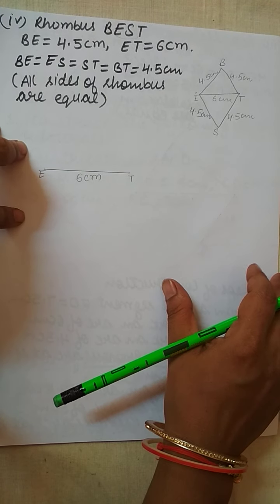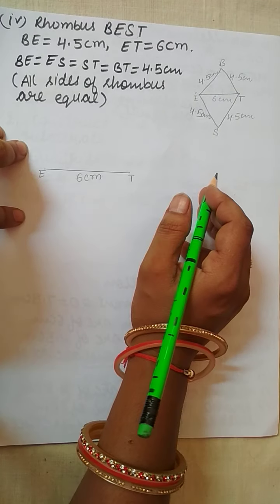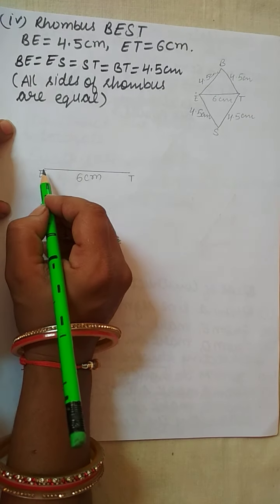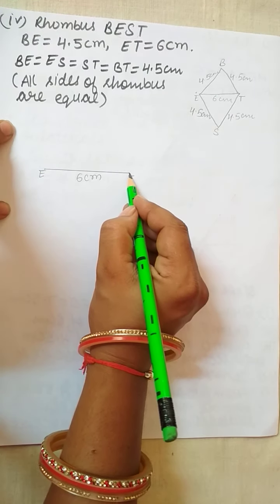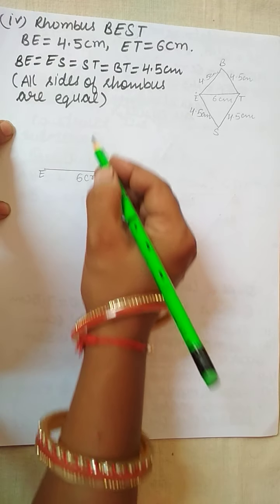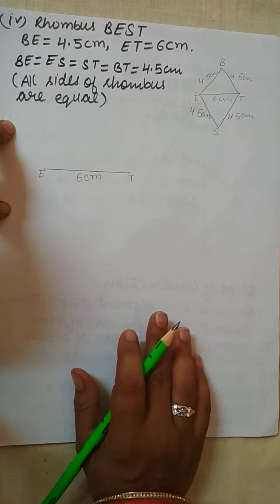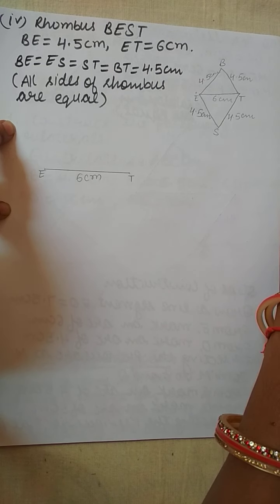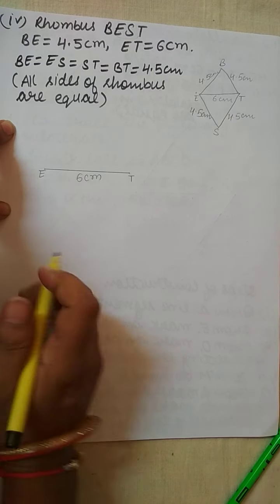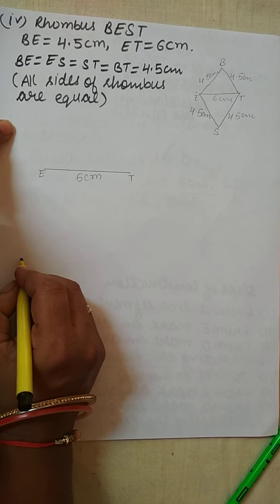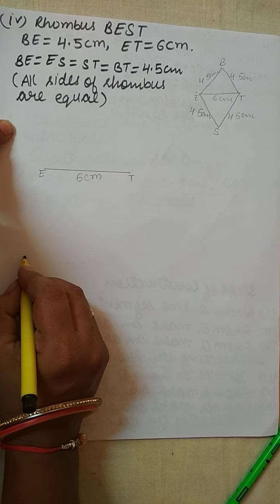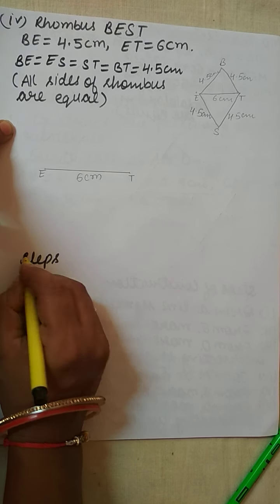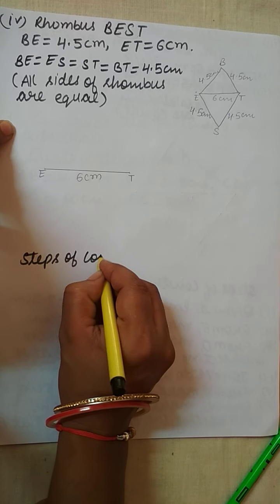Now as we know that all the sides are equal to 4.5 centimeter, so we have to mark the arcs from E and T to the above and below of same length. So let us open the compass equal to 4.5 centimeter. Firstly, I will write down the steps of construction. Steps of construction.